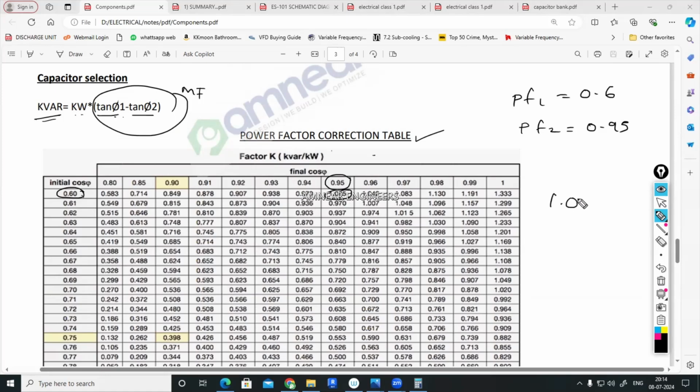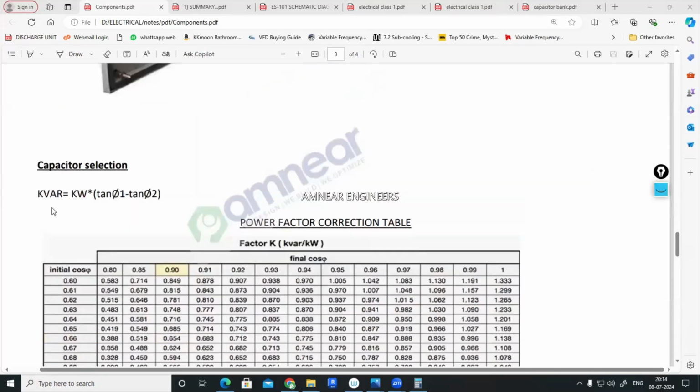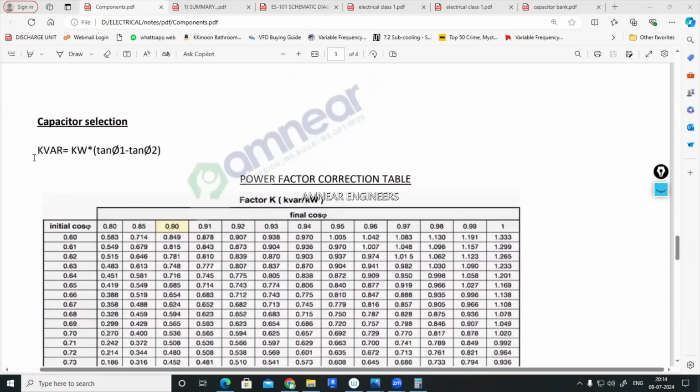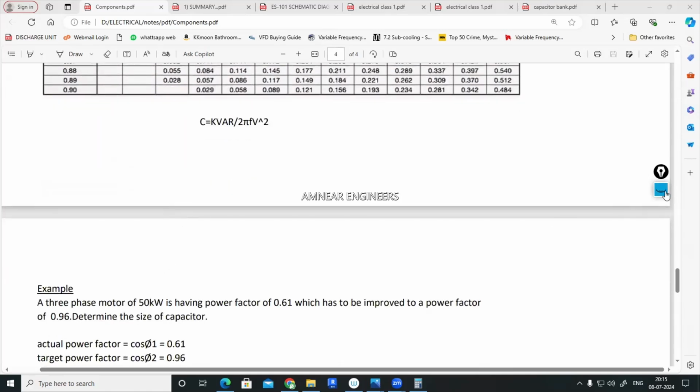So we need to calculate the load in kilowatt into the multiplying factor 1.005. That is how we are selecting the reactive power. Based on the reactive power to be compensated, we are selecting the capacitor. The capacitance unit is farads, as I have told you already.